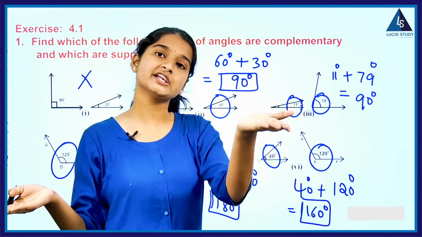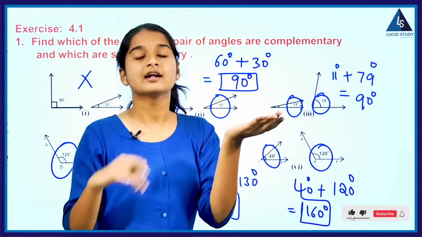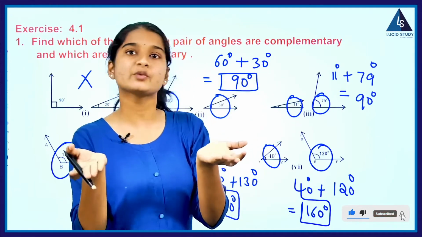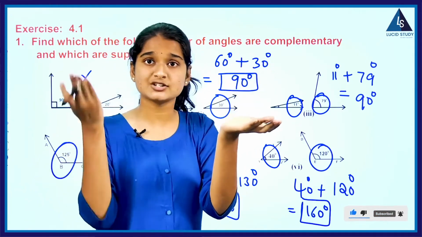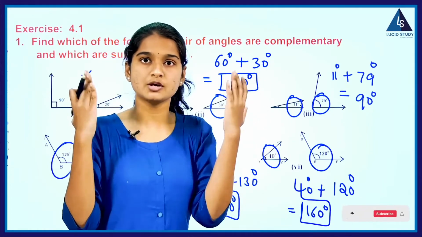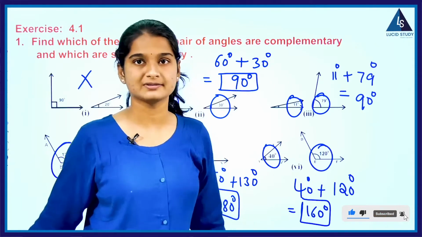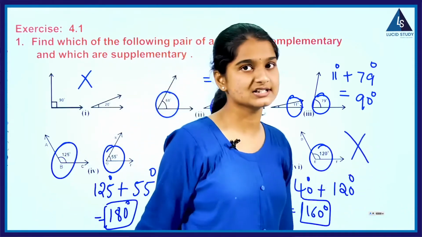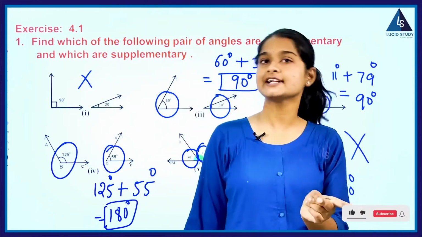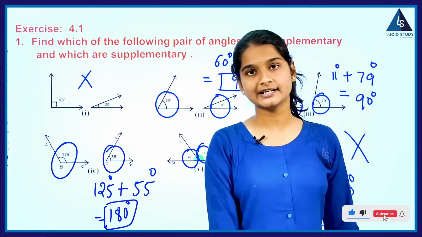Because complementary, the sum should be 90. Supplementary, the sum should be 180. It is not 90, it is not 180. Hence, it is not both. So, the first one and the last one are neither complementary angles nor supplementary angles.